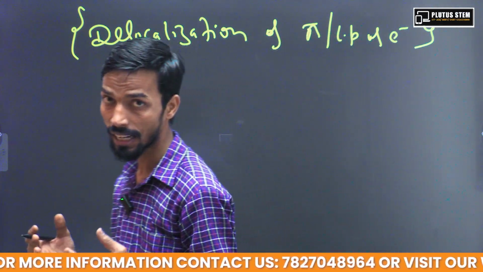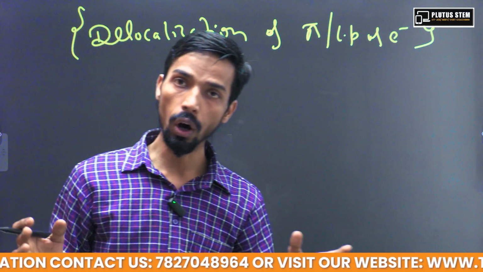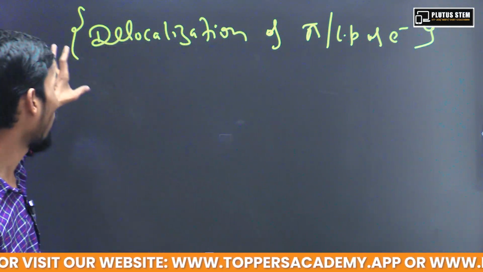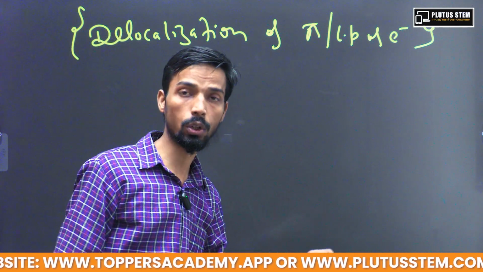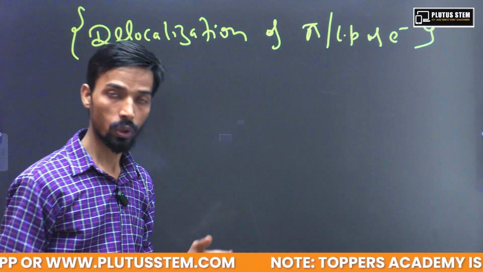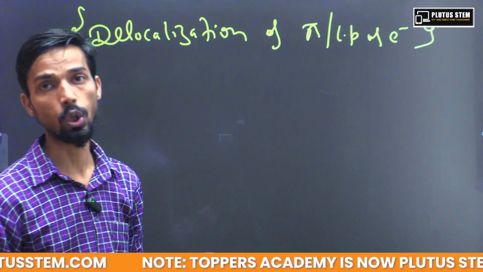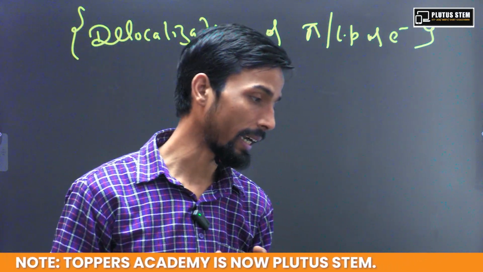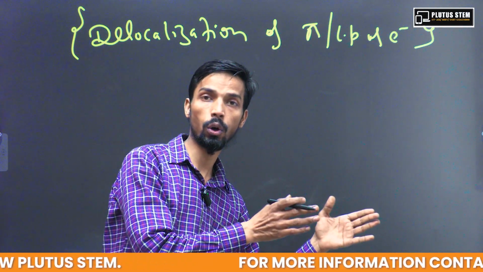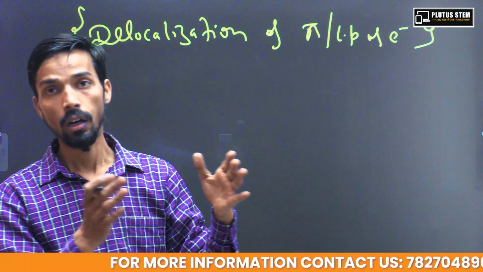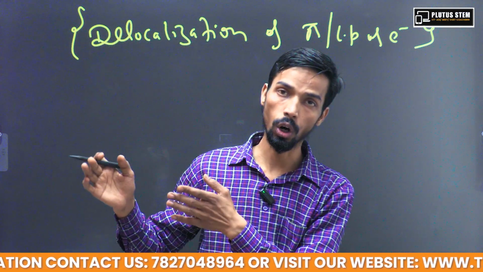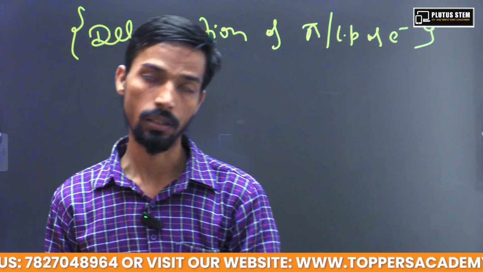There are some necessary conditions. Not every movement or delocalization of pi electrons is considered resonance. We are going to see the necessary conditions under which the movement of pi electrons and lone pairs is considered resonance, and some movements that will not be considered resonance.